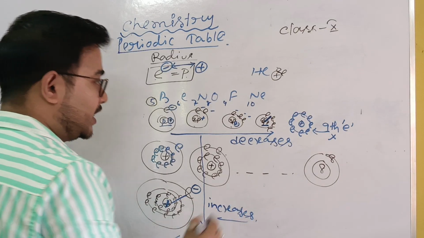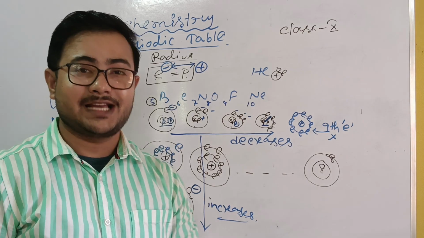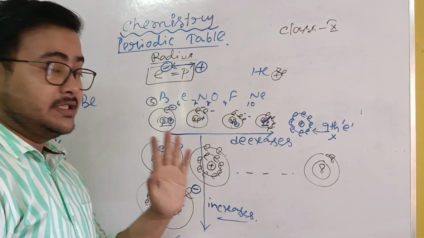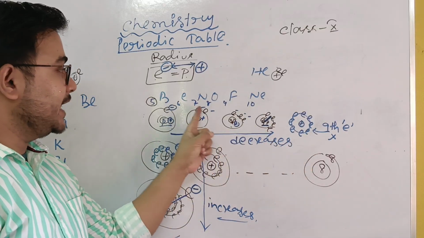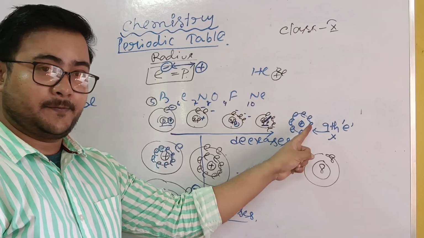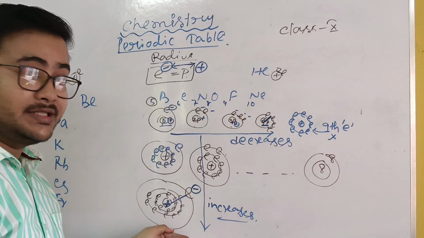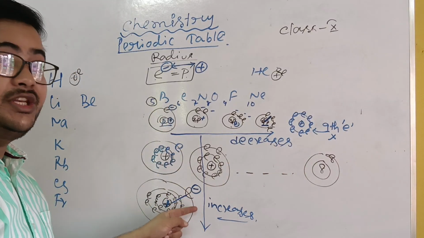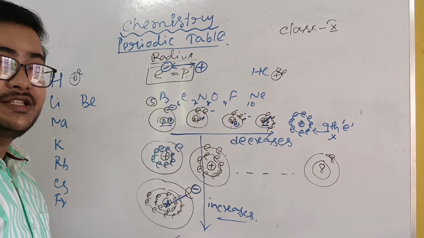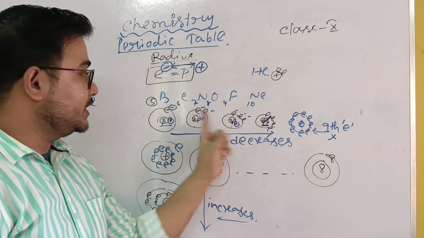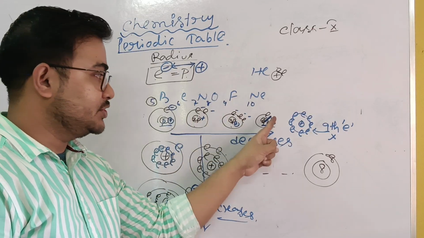So now try to understand the summary. As we listen properly, as we move left to right, the electron enters into the same shell. As we move downwards, the electron always enters into a new shell. Suppose it is first, second, third, and so on. So as you move left to right, the electron enters into the same shell.